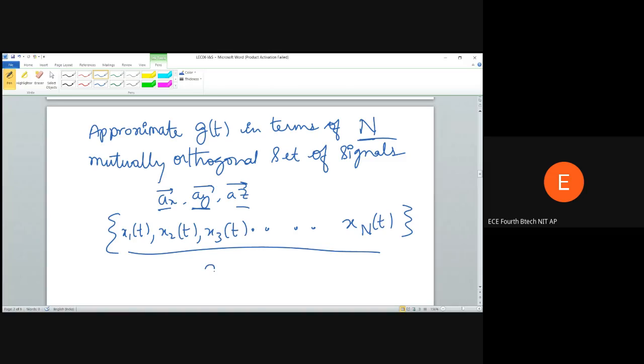Let me assume xp of t, and correlate this signal xp of t with all remaining signals. You will get a correlation value of 0.